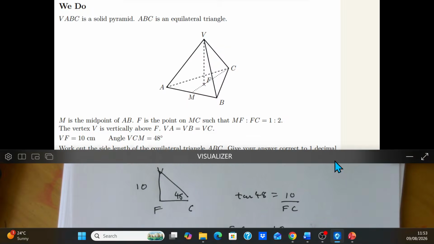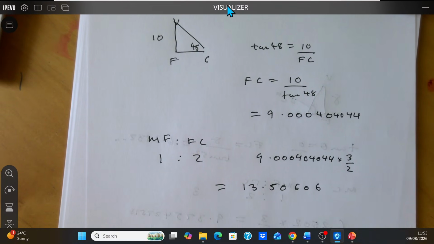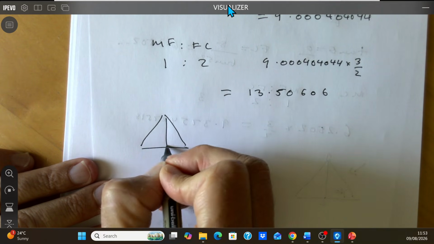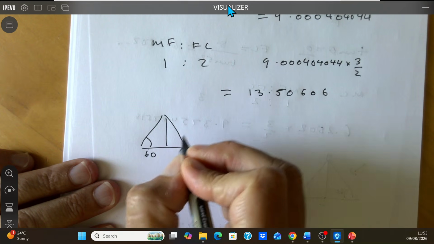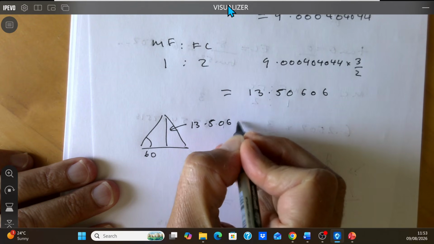Back to the question. We now have MC, so how are we going to work out AC? Correct. Equilateral triangle 60. That is 13.5.